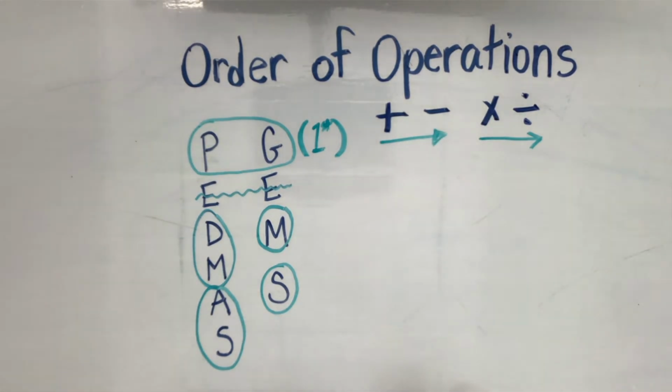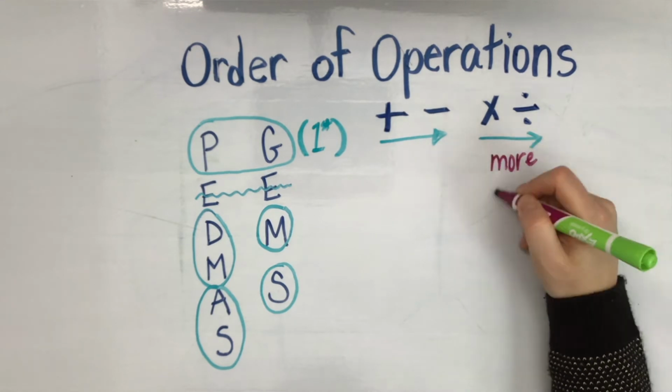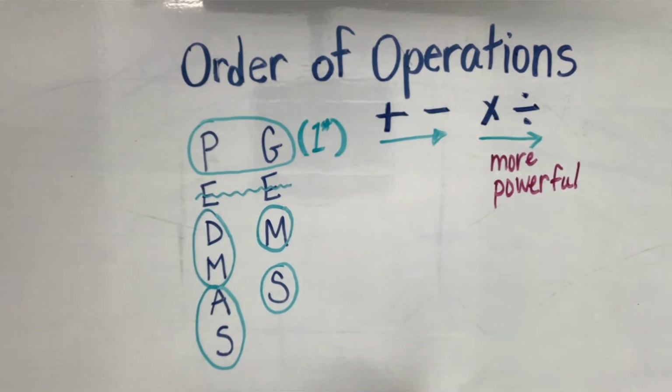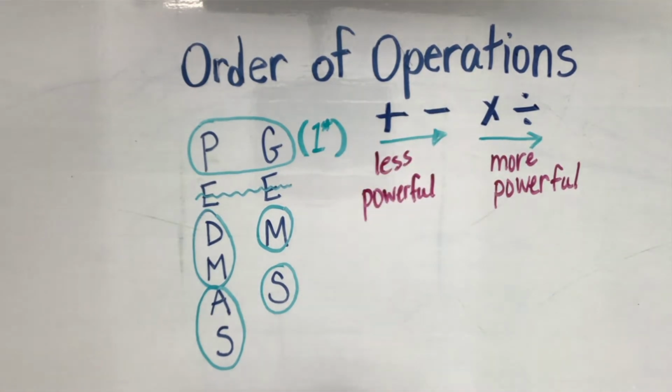So it's almost like certain operations have more power than others. Multiplication and division are more powerful, so we have to do them first. Addition and subtraction are less powerful, so we do them last.